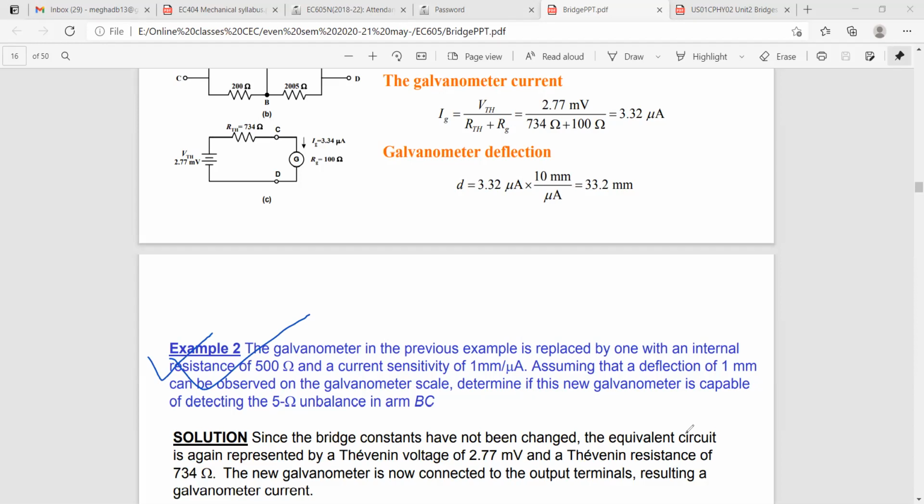From the first problem which we did, we need to see what my Thevenin voltage and Thevenin resistance are, and then you have to apply this problem in that same circuit. In my next class, you will tell me the answer. This is important because many problems come up from this particular topic.